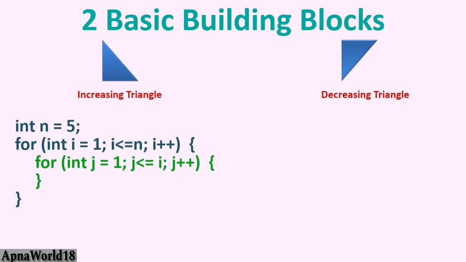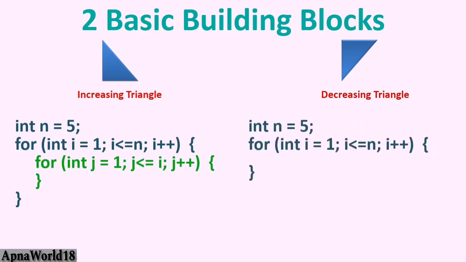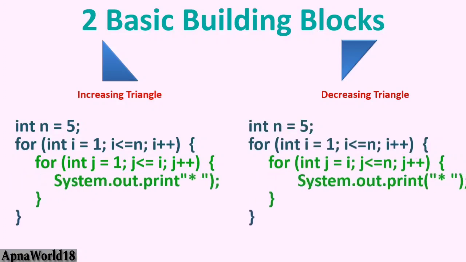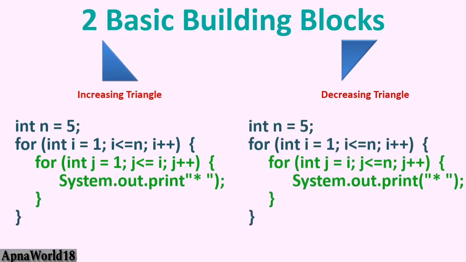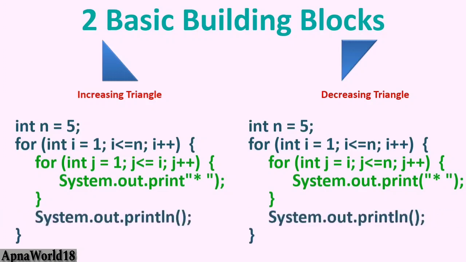Decreasing triangle has outer loop from 1 to n and inner loop from i to n. Inside the inner loop, we have a print statement to print the star, and the last statement of the outer loop is a println statement which takes you to the next line after a complete row is printed. You need to remember these two pattern codes.